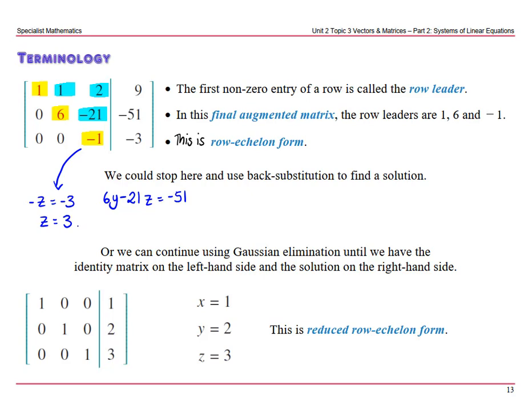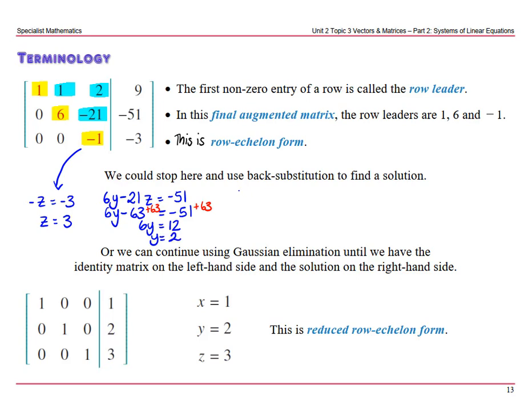So we can use that z equals 3 by going 6y minus 63 equals -51. Then we can go, okay, well, 6y equals -51 plus 63. That's equal to 12, so our y would be 2.